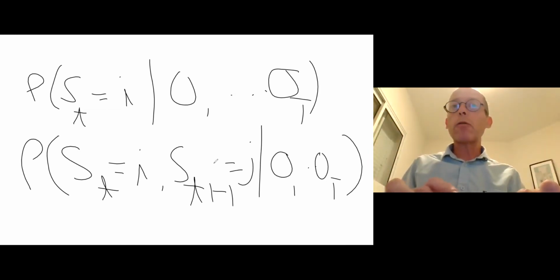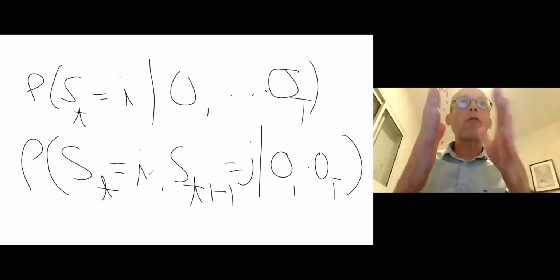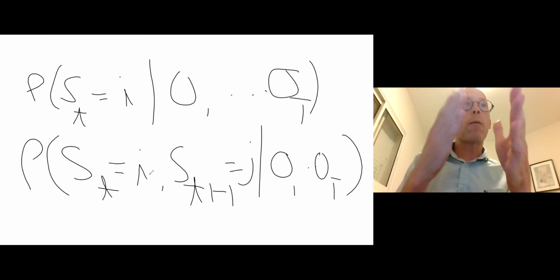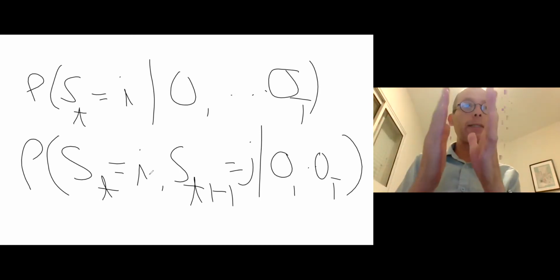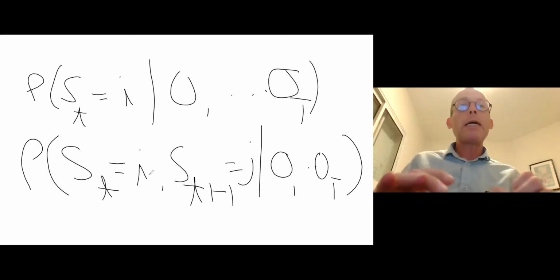This is something we also need to compute, because this is the expectation of a pair of states, and this is important for us because we need it to compute the transition probability. The transition probability is basically summing up over pairs of states and then dividing by the total number.